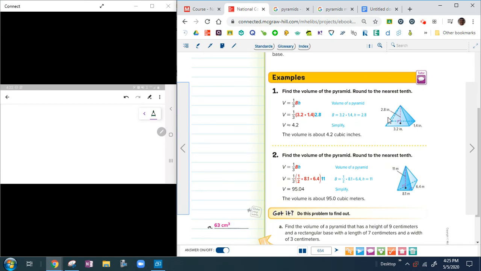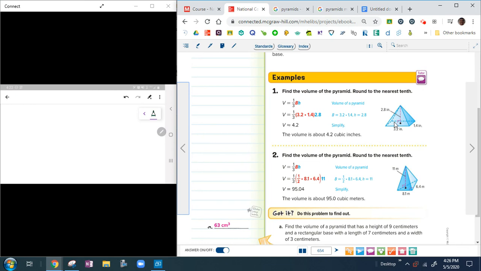All right, the height always meets the base at a right angle, so the dotted line with the right angle symbol typically will show you where the height is and also helps you identify the base, okay? Because that dotted line there meets with this rectangle, you know that that's the base and that that's the height. All right, that's the base shape.